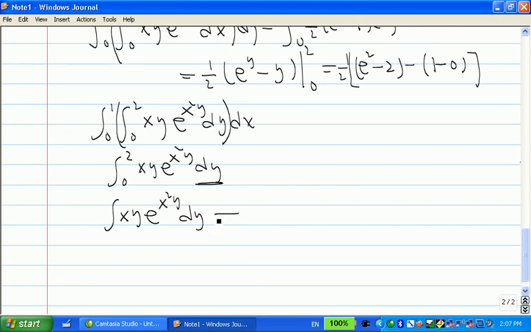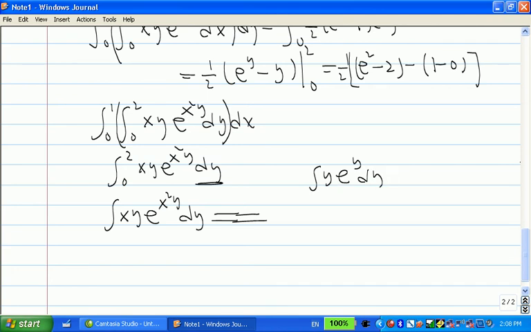Okay, this integral, in fact, is harder to integrate than the first inside integral. Now here x is a constant. Think about a special case. If x is 1, you really need to integrate this one. How do you integrate it?